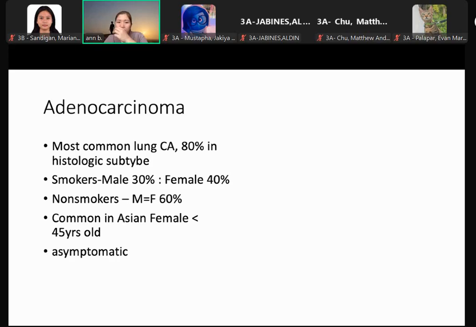Common in Asian female, as I say, 45 years old, non-smoker, asymptomatic, and note that it is a peripherally located nodule. You can approximate, meaning you can predict that this is adenocarcinoma based on the location. But for diagnostic purposes, we still need to do the biopsy.